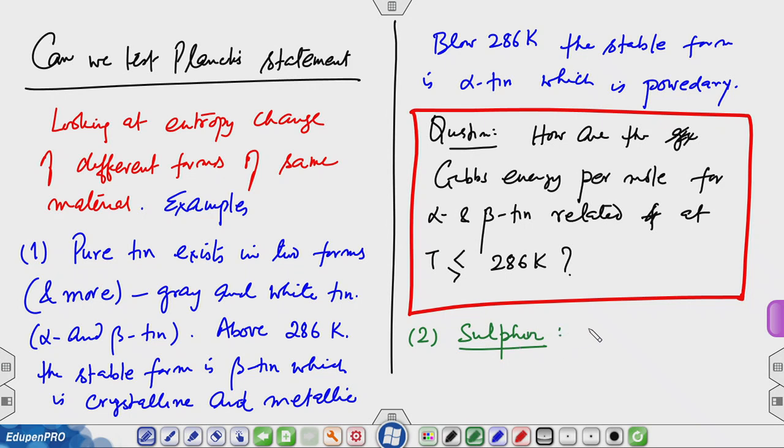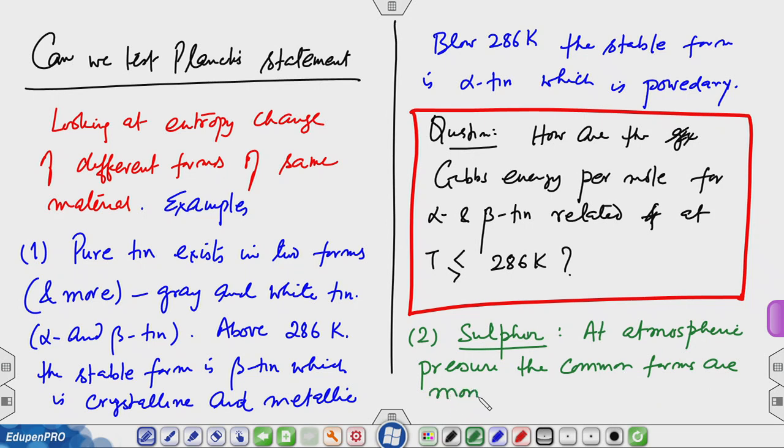At atmospheric pressure, the common forms are monoclinic, that is the kind of crystal one is talking about, and the other one is rhombohedral.